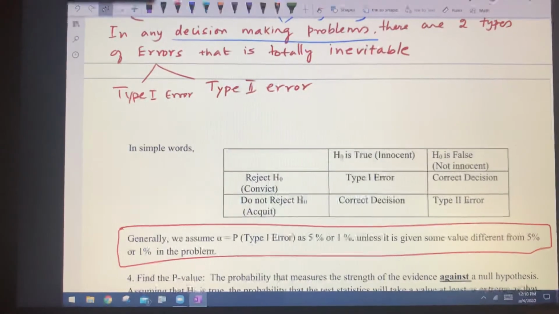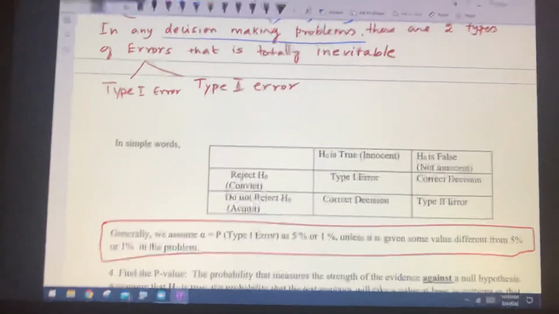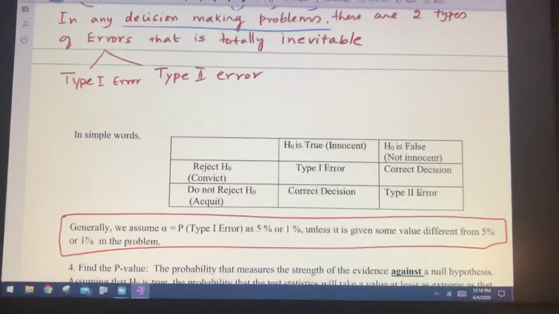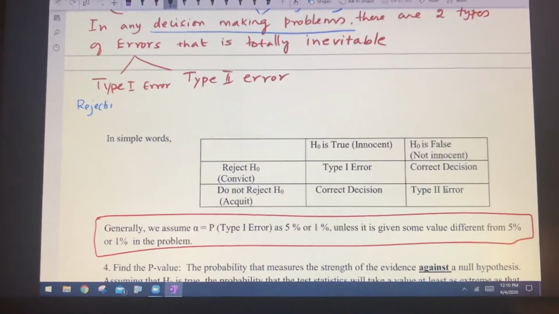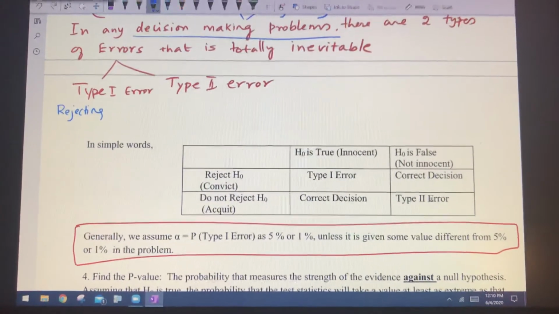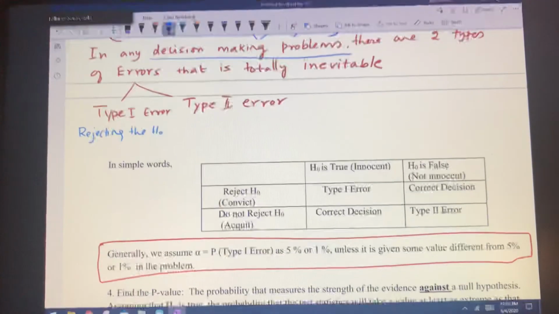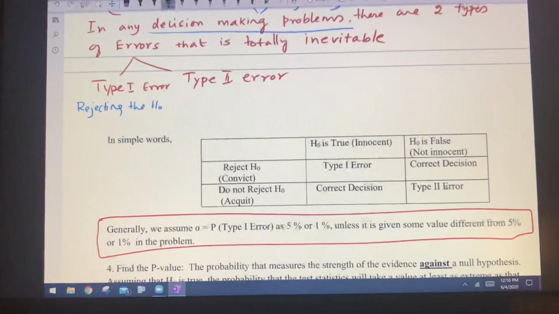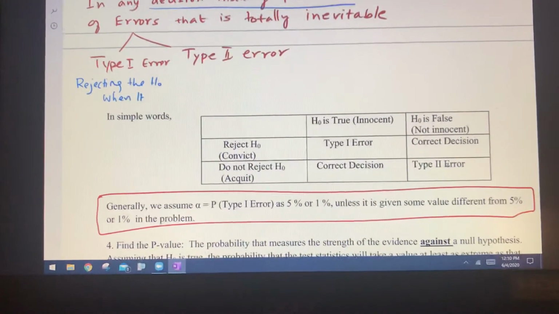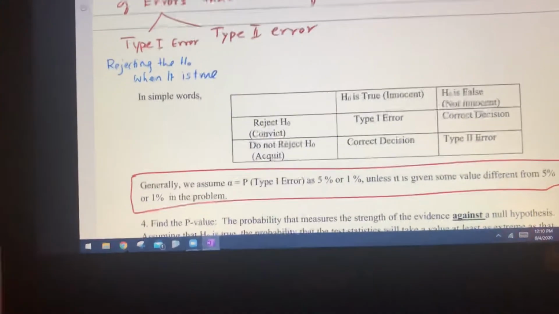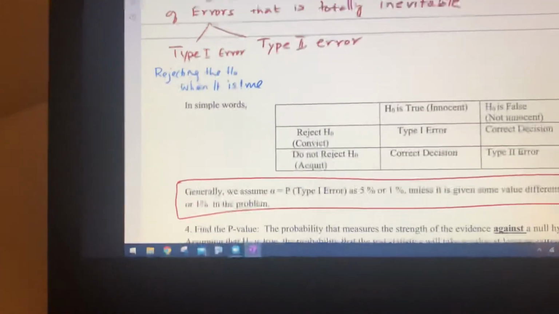What is the statement for type 1 error? The type 1 error is rejecting the null hypothesis when it is true. I am rejecting it. So that is one type of error.